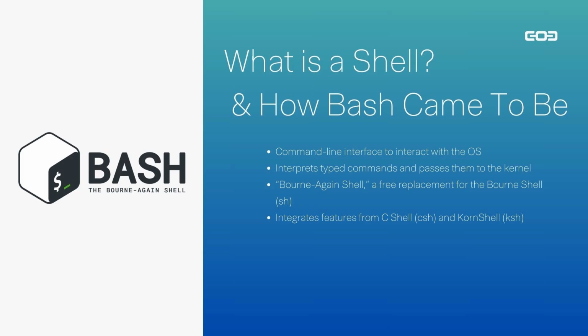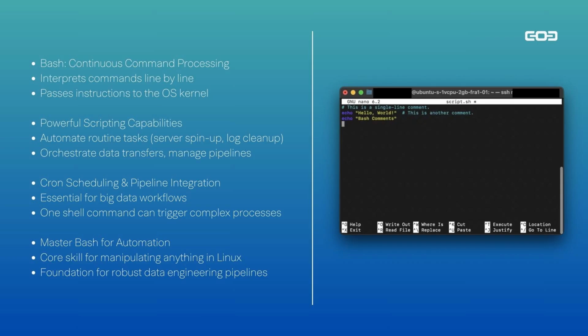Bash incorporates many features from other shells such as the C Shell (CSH) and the Korn Shell (KSH). Bash works by continuously reading the commands you type in or the lines of code in a script, interpreting them and passing them to the kernel to execute. Its design is flexible enough to allow powerful scripting capabilities.